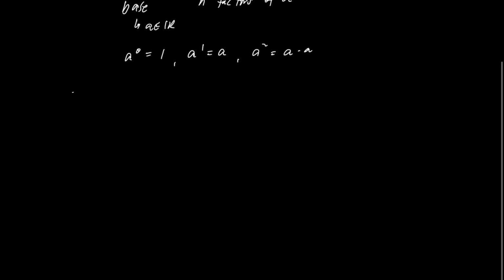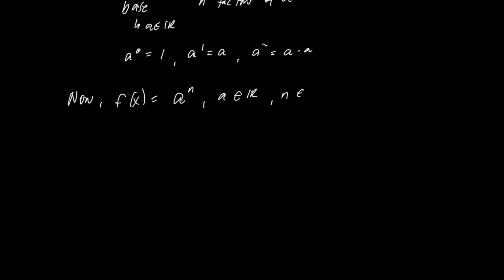Now if we have a function f of x equals a to the n, where a is a real number and n is an integer, what kind of function is this? An exponential function?